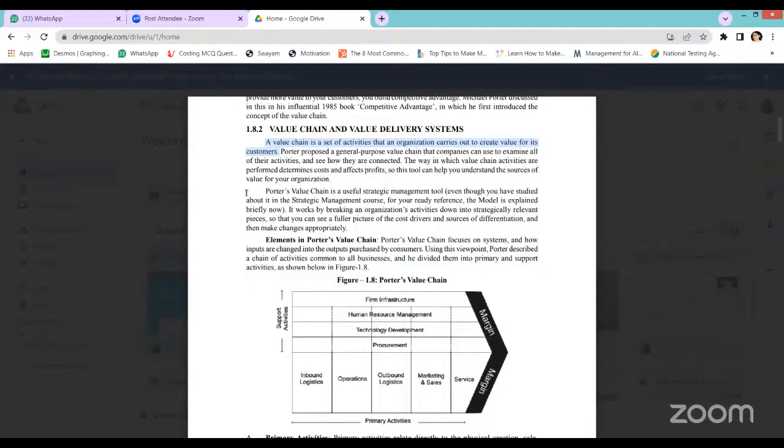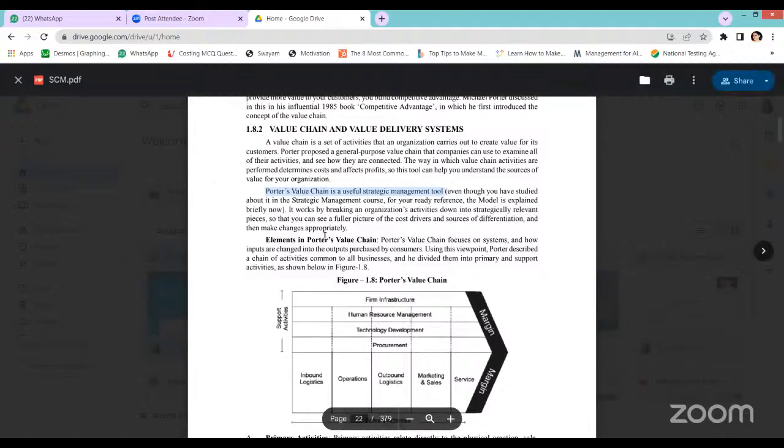So let us see Porter's value chain. It is a very useful strategic management tool because it breaks an organization's activities into strategically relevant activities, so that the organization can see its full capacity, what the cost drivers and sources are, and how they are to be controlled and utilized.